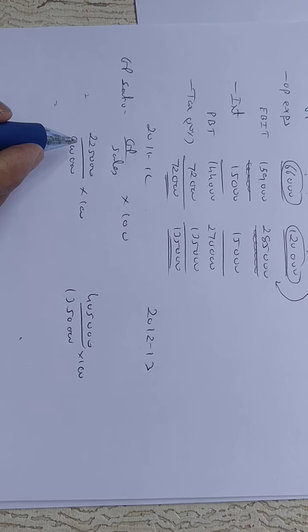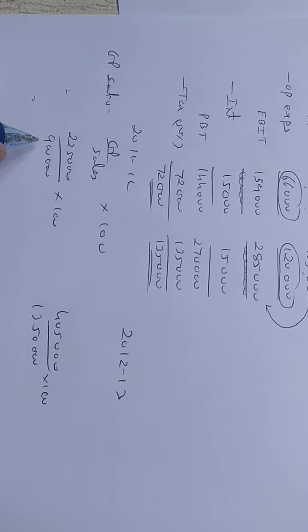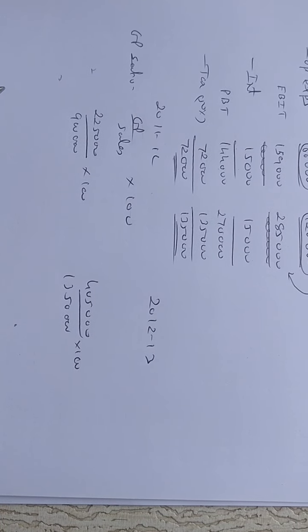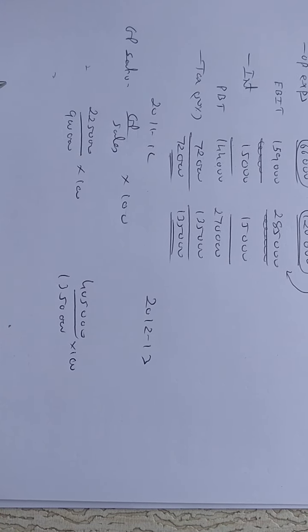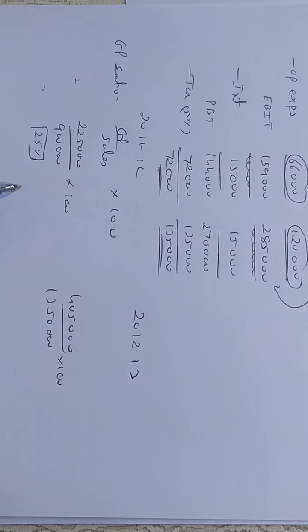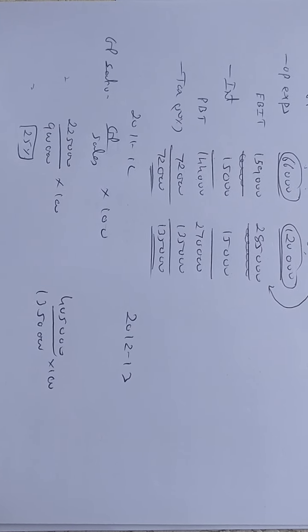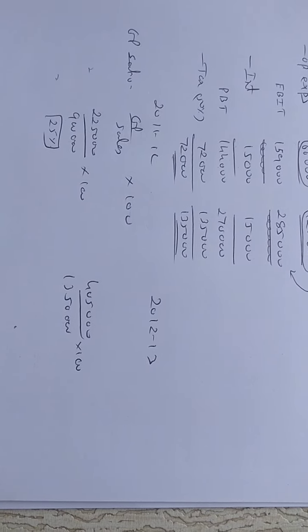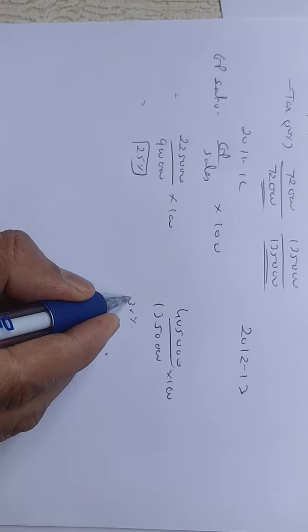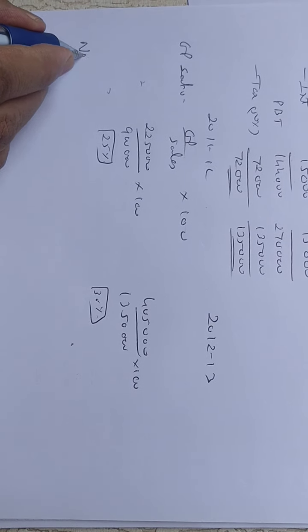So 2,25,000 divided by 9 lakh, the answer is 25%. Same way, 4,05,000 divided by 13,50,000 into 100, the answer is 30%. Now let us find NP ratio.